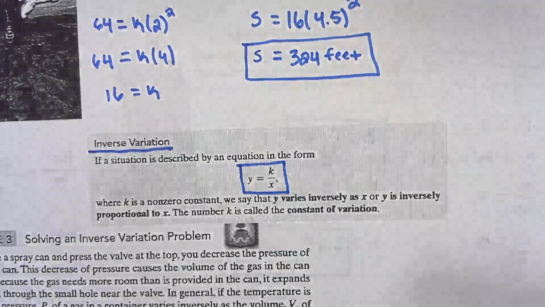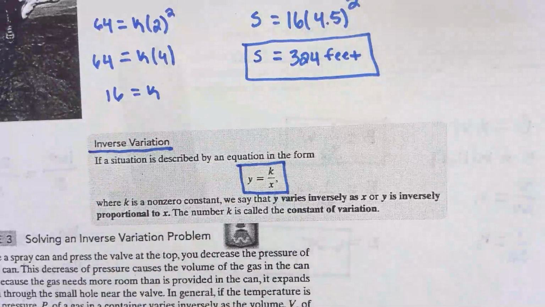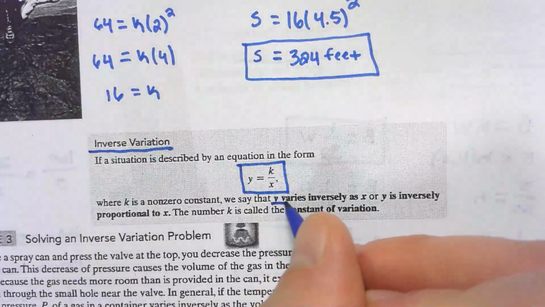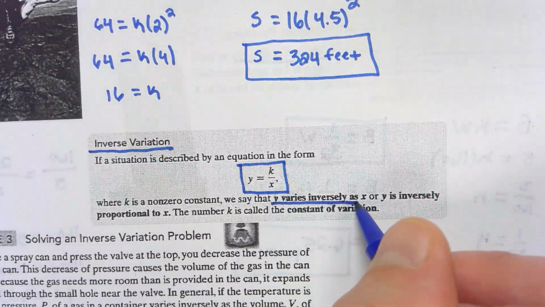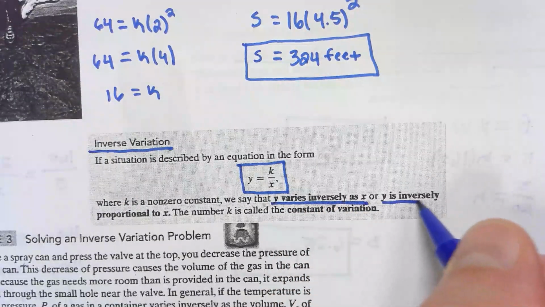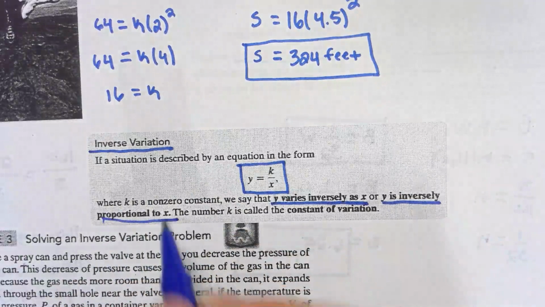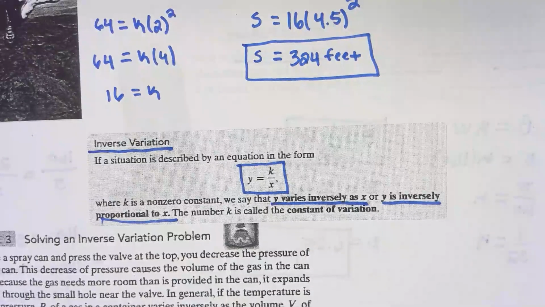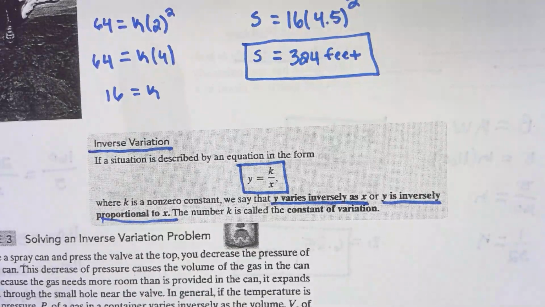K is still a non-zero constant, and you would see the language as y varies inversely as x, or y is inversely proportional to x. Basically saying as one variable gets bigger, the other is going to get smaller, and vice versa. So if one variable is getting smaller, that means another is getting bigger. So they're inversely proportional.